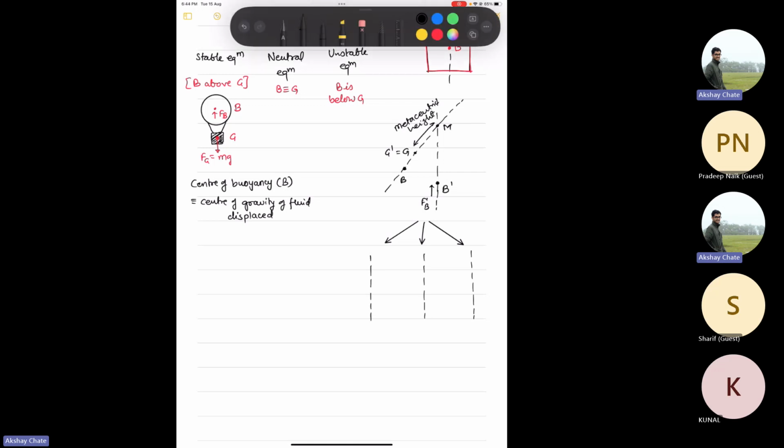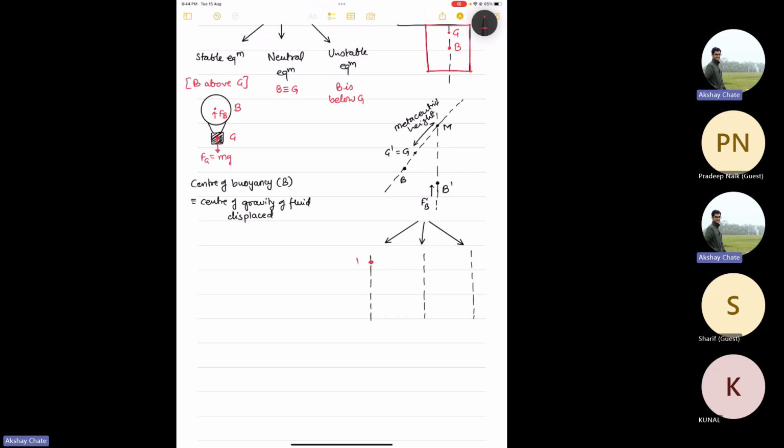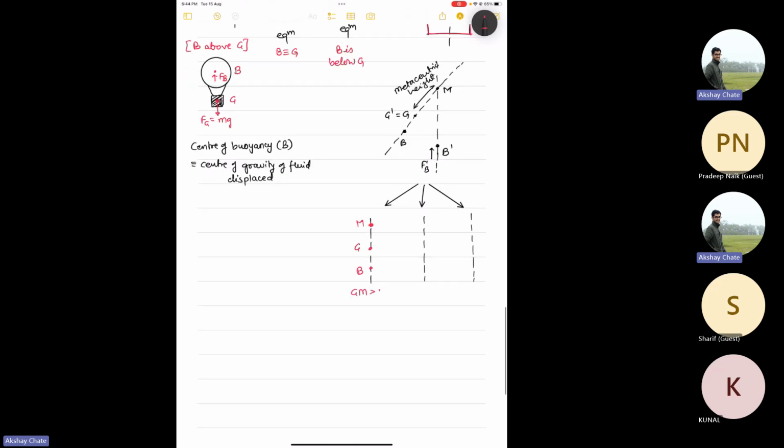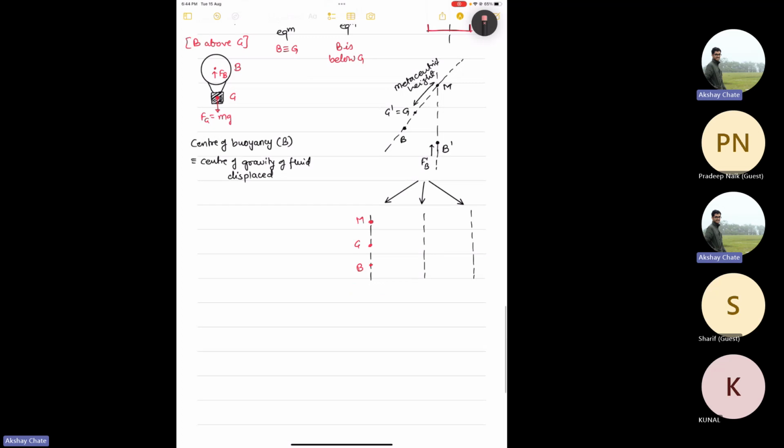So if your metacenter M, G and B are in this order, with M above G, then this is stable equilibrium.